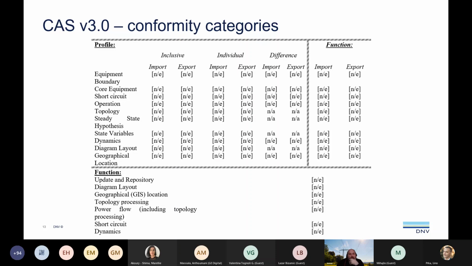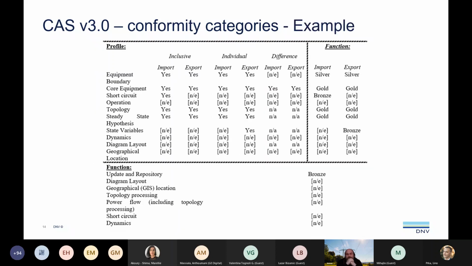Then the same thing for the grouping of the type of functionality, like update of repository diagrams on each of these things of follow possibilities. But as I said, the dynamic short circuit is not really meant as a test of that functionality, but by the idea that you can import the data and have an understanding of what this means.